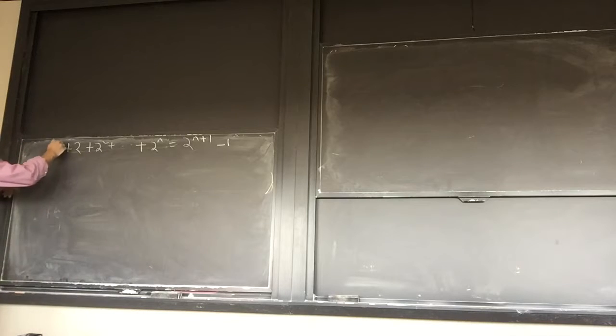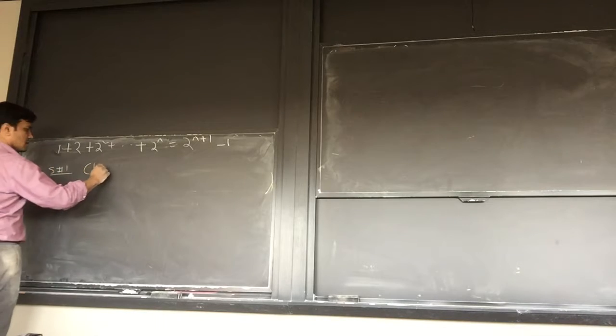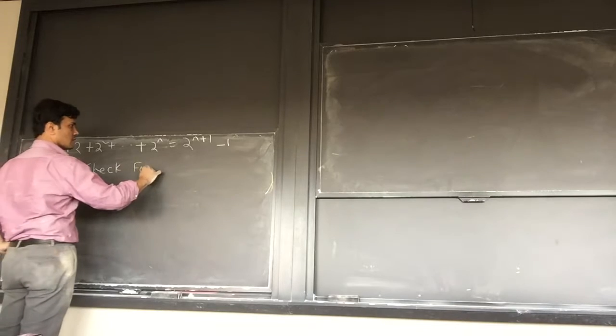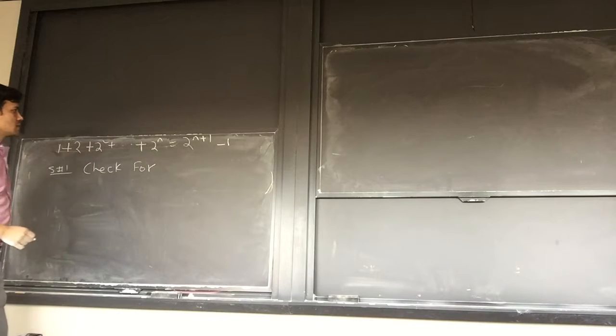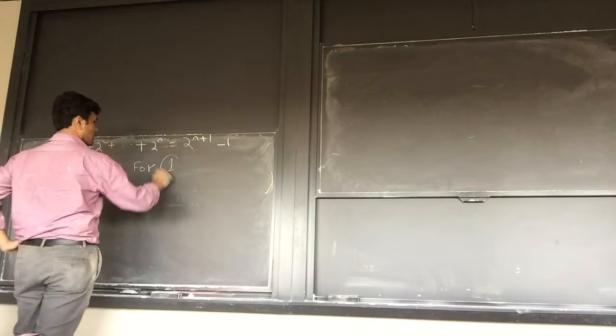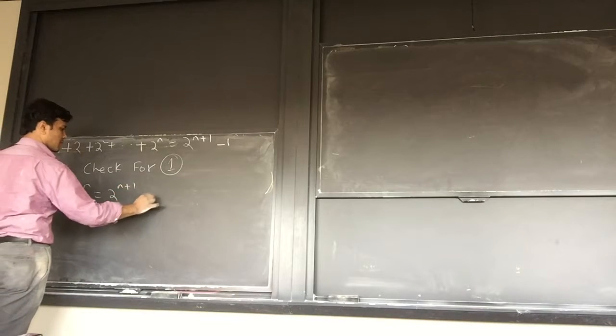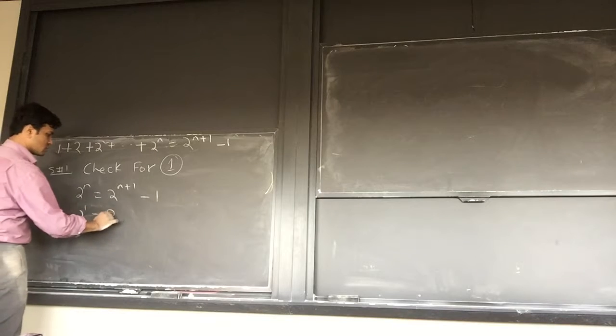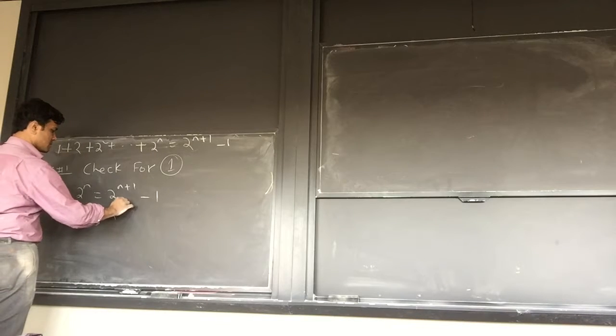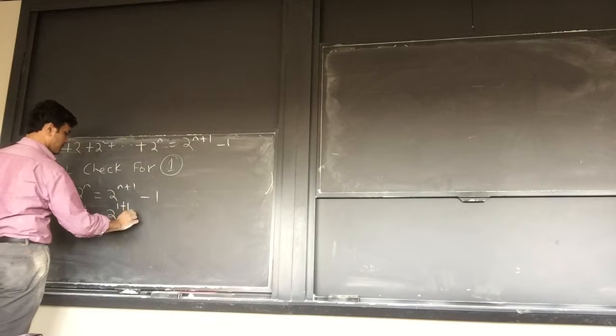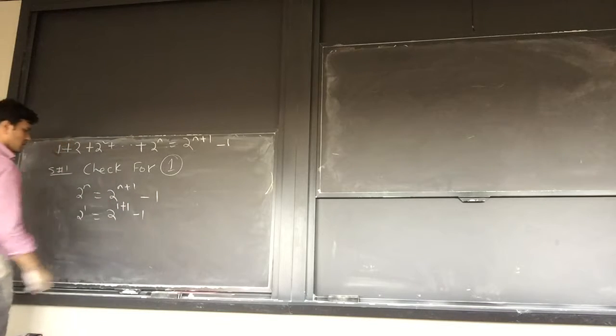So as always, let's check for 1. Step 1, check for 1. So let's say 2 to the n is equal to 2 to the n plus 1 minus 1. So 2 to the 1 is 2 to the 1 plus 1 minus 1.